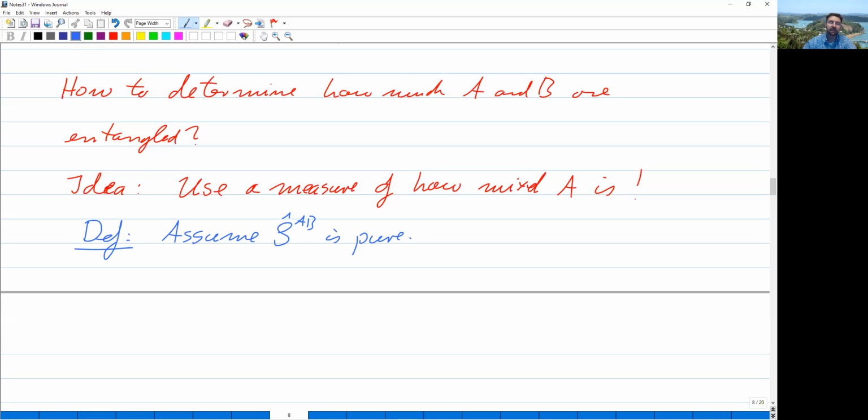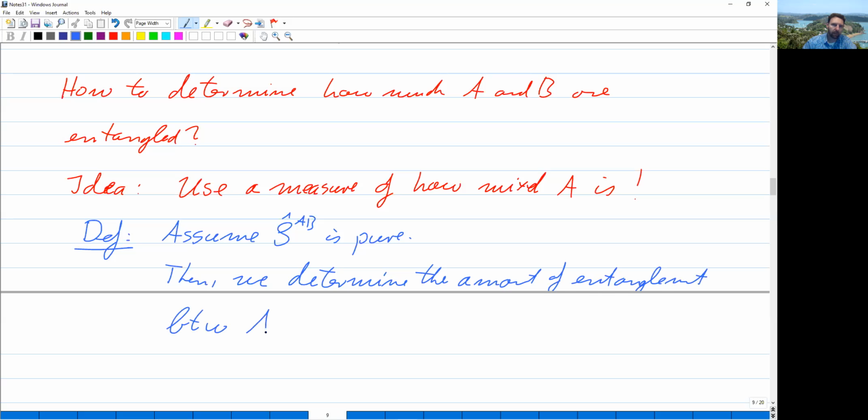I just always write it there so that there's no misunderstanding. Then we determine the amount of entanglement between A and B as the von Neumann entropy of subsystem A.